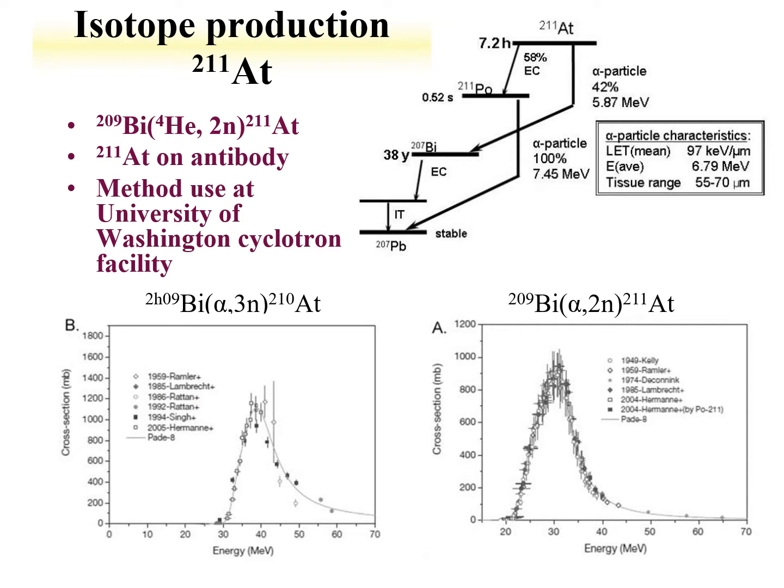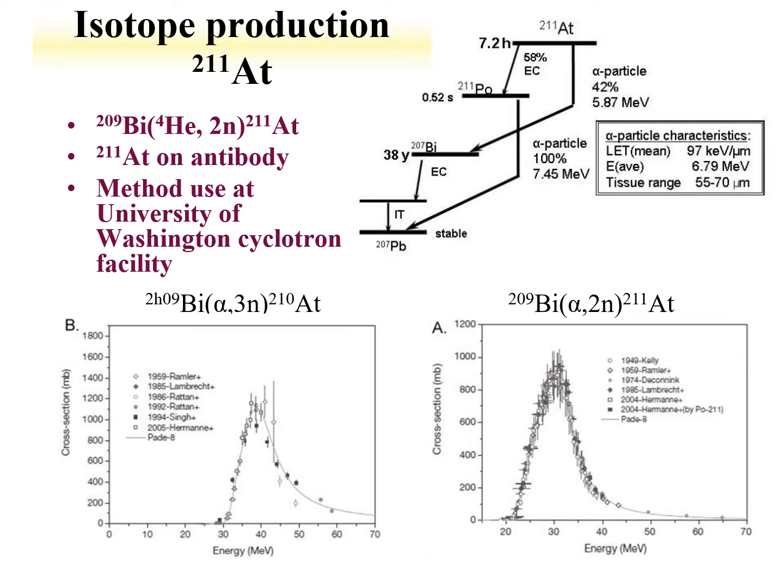So one would surmise from this data that if one wanted to preferentially produce the astatine-211, the preferred energy would be on the order of 30 MeV. You see your cross section for the 3n reaction is very low, and it peaks for the 2n reaction.